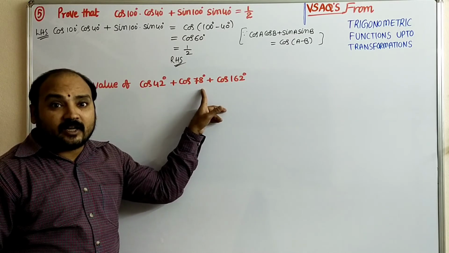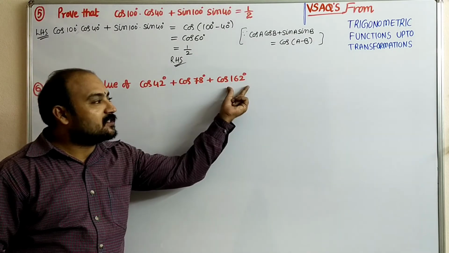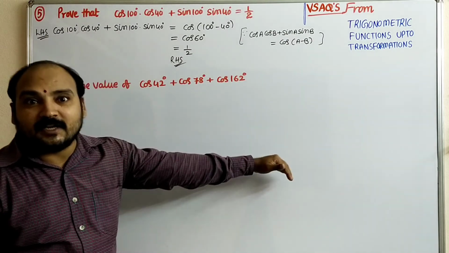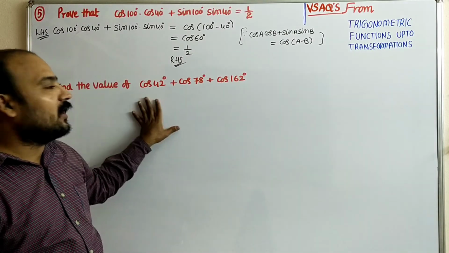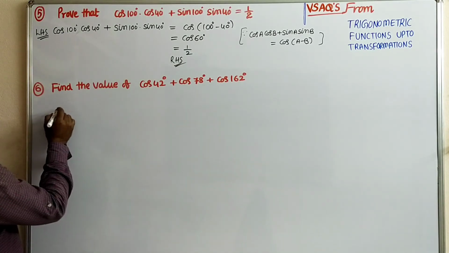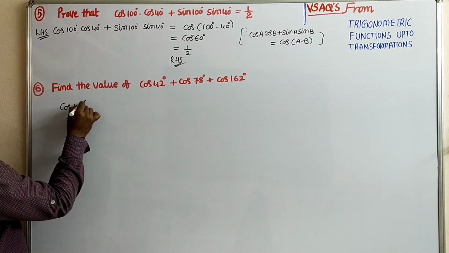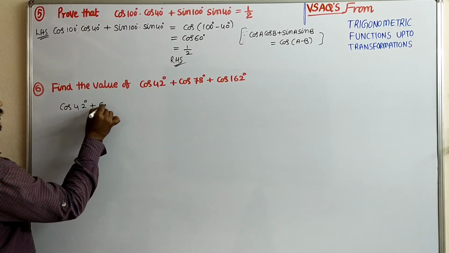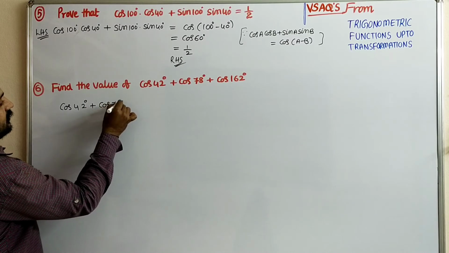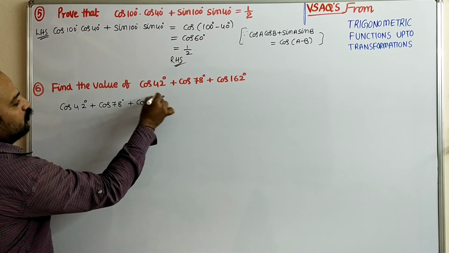Here, 78 we can express as 60 plus 18, and 162 as 180 minus 18. So, all we can write in terms of 18. So, now consider cos 42 plus cos 78 plus cos 162.